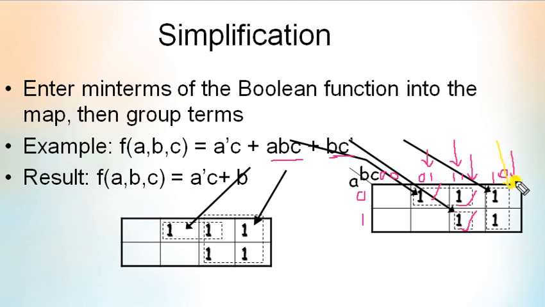This one. So we will choose this cell for adding this. So we put 1 for this cell. Okay. So we will get 5 ones in our Kmap.